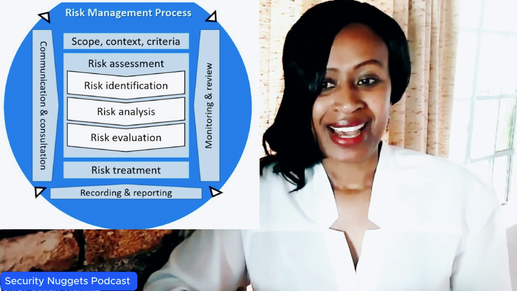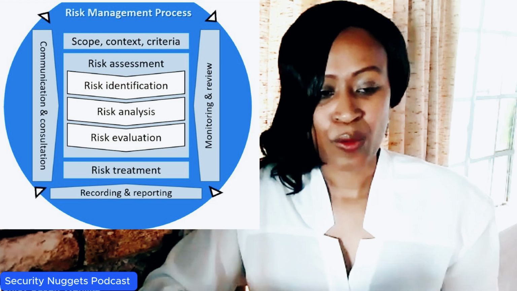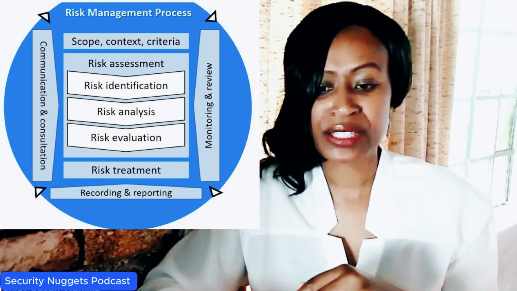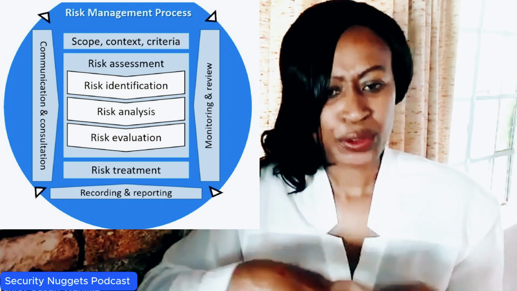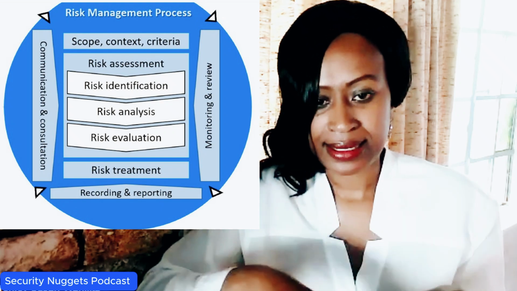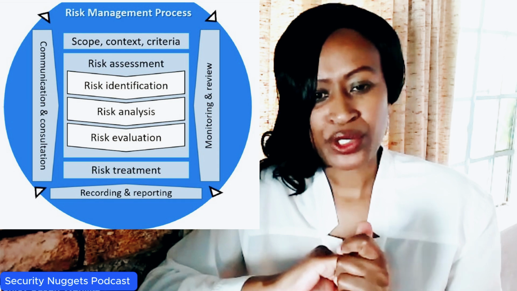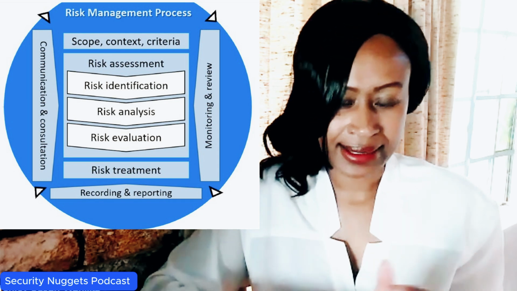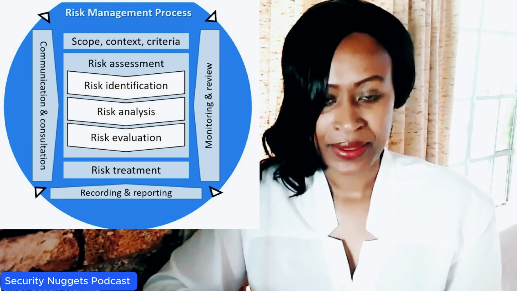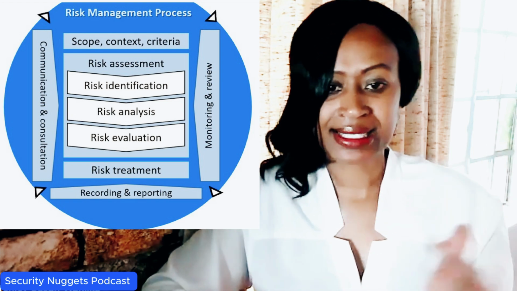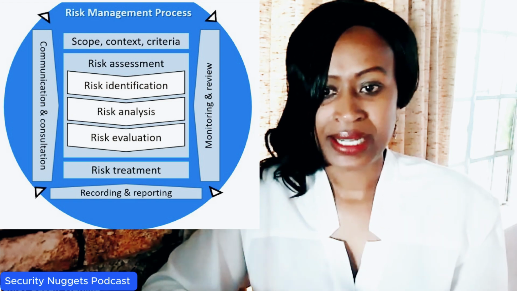Okay. And in risk analysis, what exactly are we doing here? Okay, what are we doing in risk analysis? What we are doing in risk analysis is we want to analyze, okay, the threats that we have highlighted, all right?